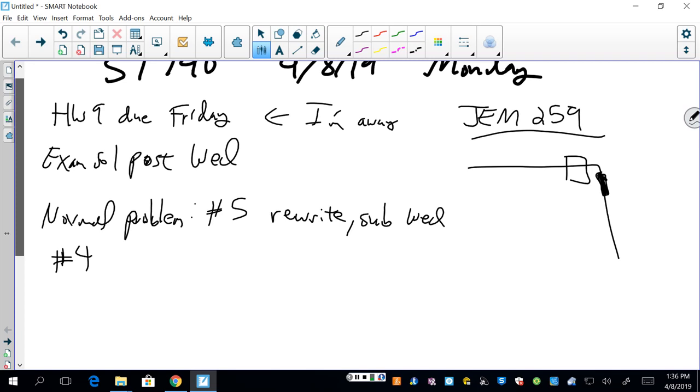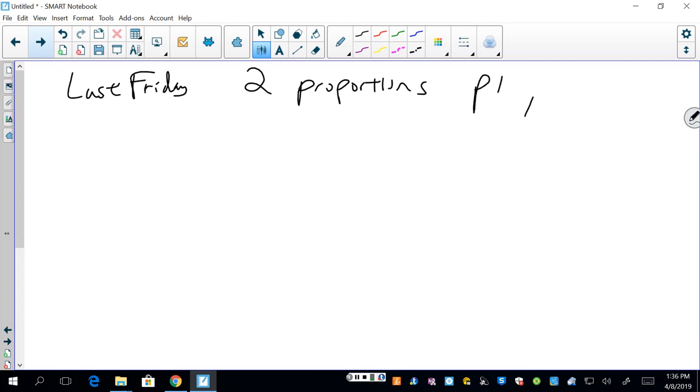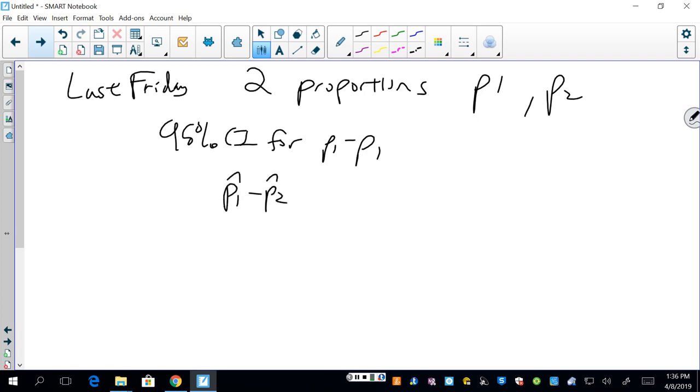And so the topic today. On Friday, we looked at comparing things with two proportions, P1 and P2. We could do 95% confidence intervals for the difference of these two things, where we take our sample values, P1 hat minus P2 hat, plus or minus, using normals for proportions, 1.96.